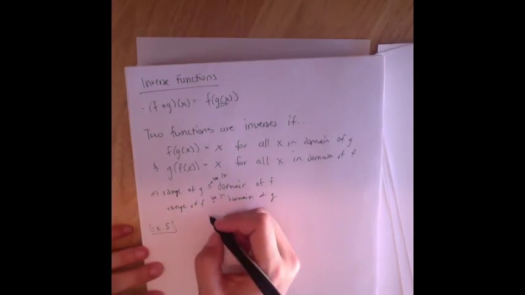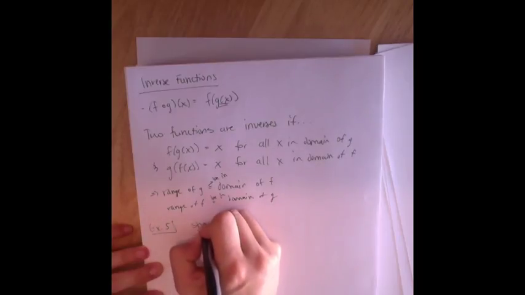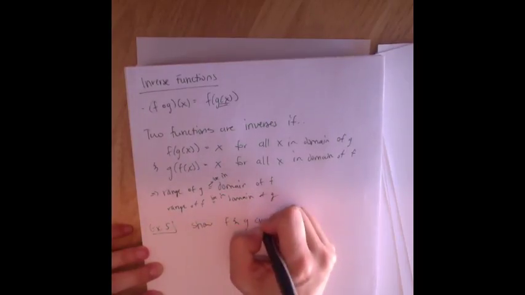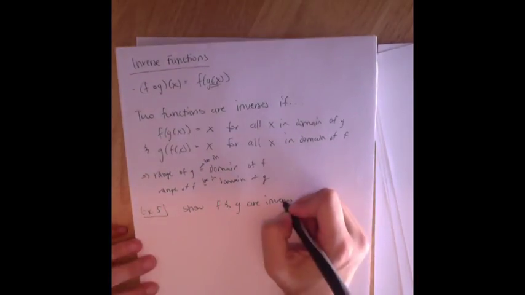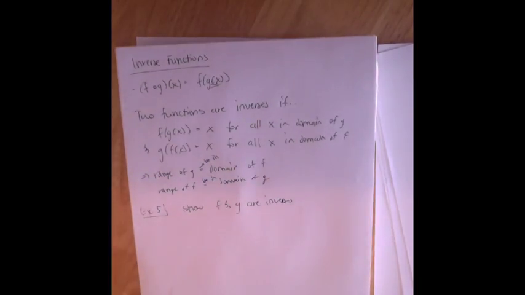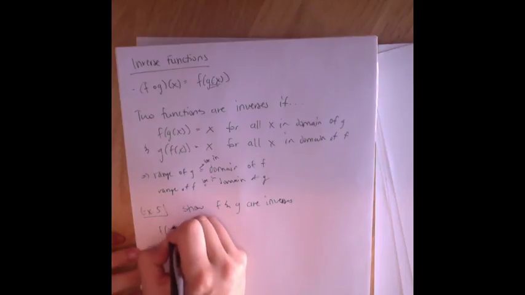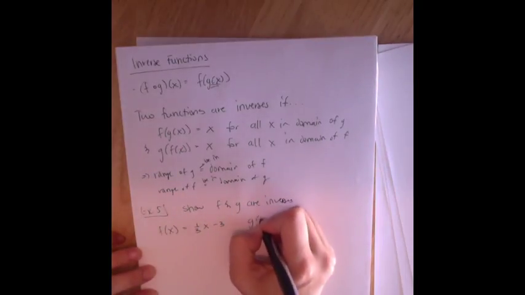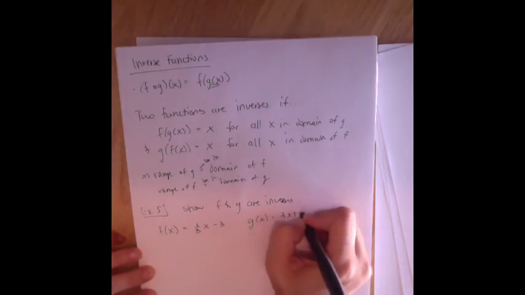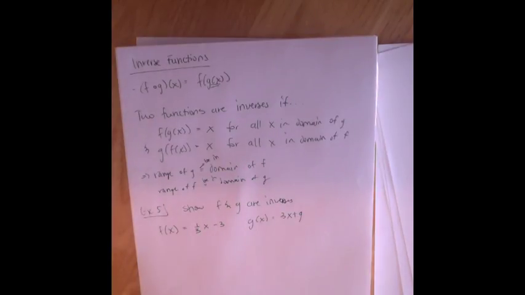I want to show f and g are inverses. Inverses. When f of x equals 1/3 x minus 3 and g of x equals 3x plus 9.